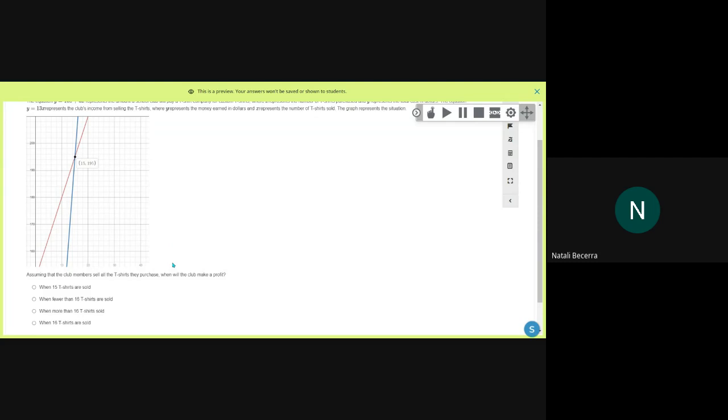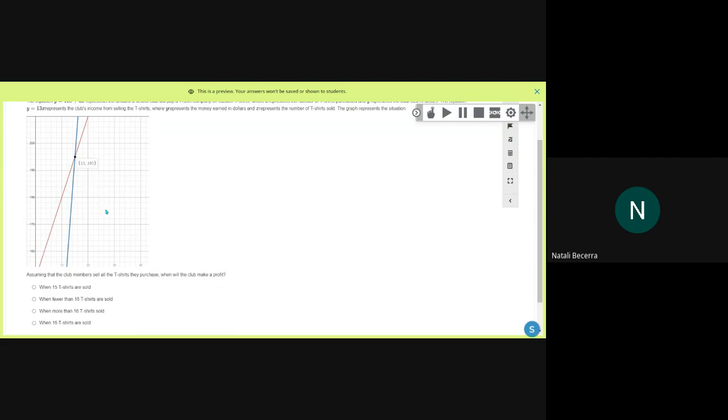It says, assuming that the club members sell all the t-shirts they purchase, when will the club make a profit? So that point of intersection, oh, sorry, let me take that off. That point of intersection is where they have the same amount, right? So we want to know, when are they going to make a profit?